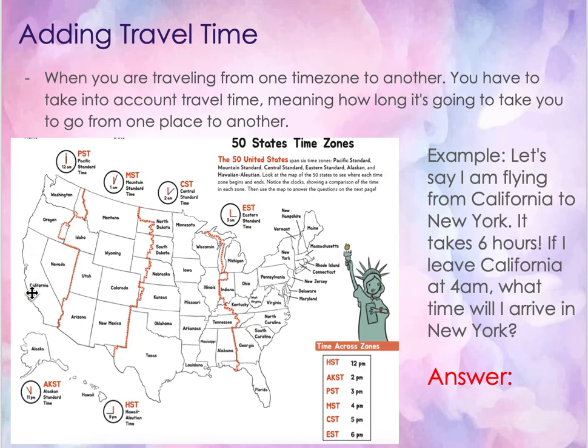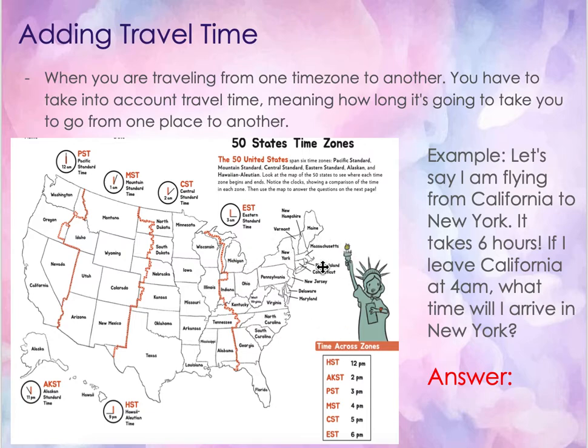So first, we're in California. So I leave California at 4 a.m., right? So let's first change the time. So it's 4 a.m., 5 a.m., 6 a.m., 7 a.m. So it's 7 a.m. right here, right? So now I have to take into account the 6 hours that I traveled, okay? So those 6 hours do not just disappear.